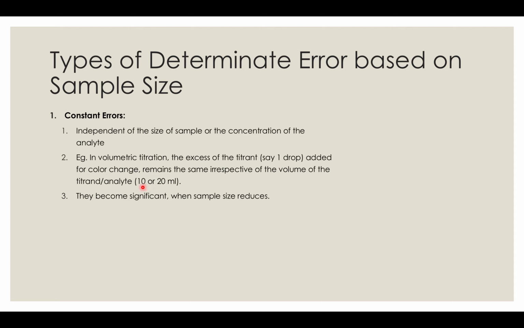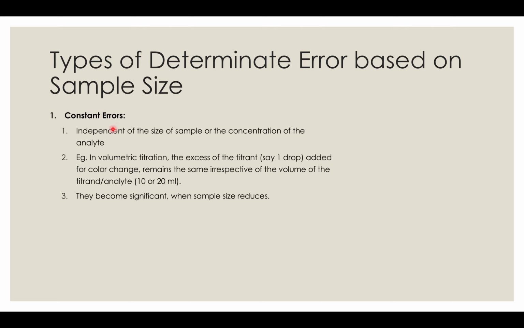The error for 10 ml is 0.1 percentage, and for 20 ml it's 0.05. So the error for 10 ml would be higher in comparison to the error for 20 ml. So that is what I'm saying. As you reduce the size of the analyte that is being measured, with the constant error, the ratio would be a little bit higher.